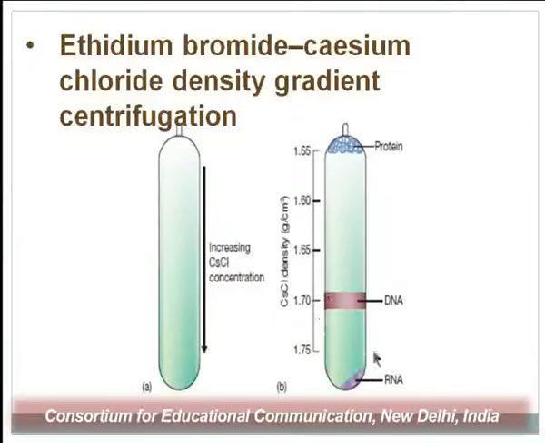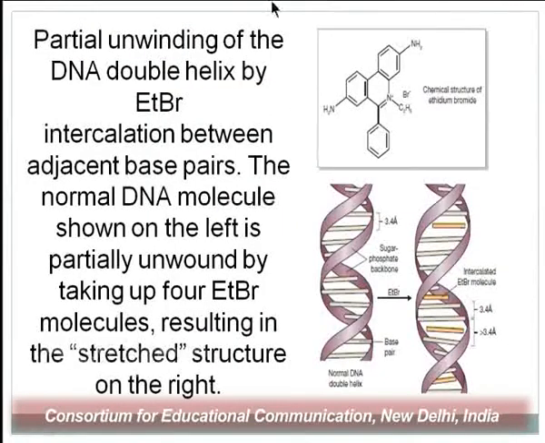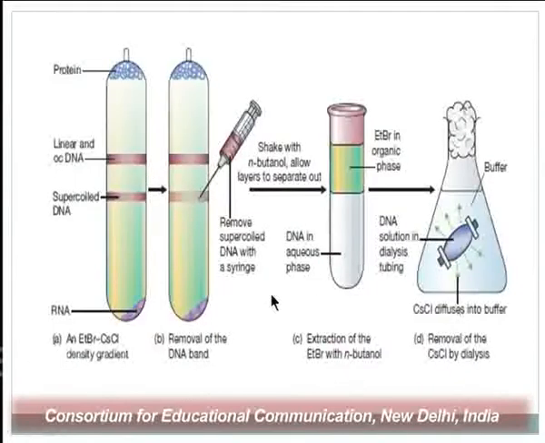Now this is for the purification of DNA. It can be used for the purification of DNA from RNA or other protein molecules. Within the DNA, if we need to separate the supercoiled and the linear DNA, what we use is ethidium bromide. Ethidium bromide is a dye which binds between the double helix and changes the structure of the DNA molecules. This intercalation causes a difference between the linear DNA and the supercoiled DNA.